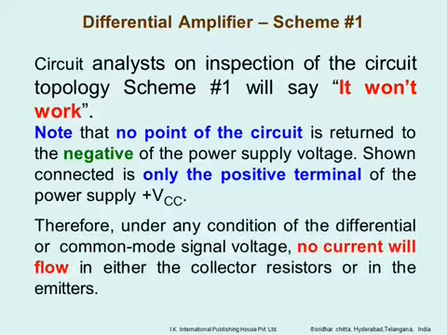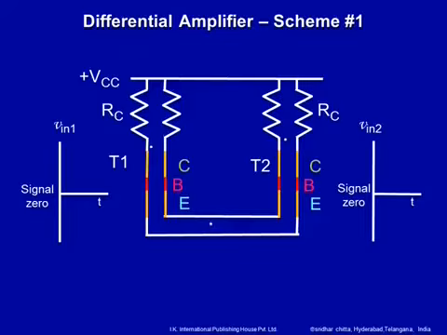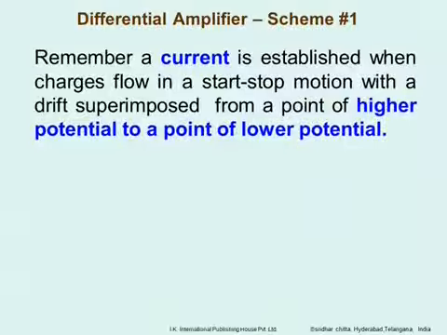Therefore, under any condition of the differential or common mode signal voltage, no current will flow in either the collector resistors or in the emitters. Remember, a current is established when charges flow in a start-stop motion with a drift superimposed from a point of higher potential to a point of lower potential.